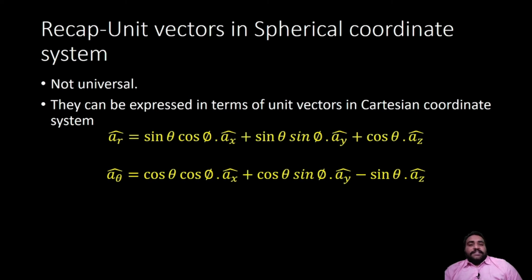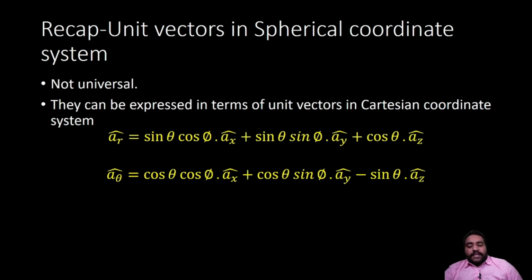Similarly, a theta cap, which is the unit vector in the direction of increase of the angle between the positional vector and the z axis, is given to you by cos theta cos phi ax cap plus cos theta sin phi ay cap minus sin theta az cap.